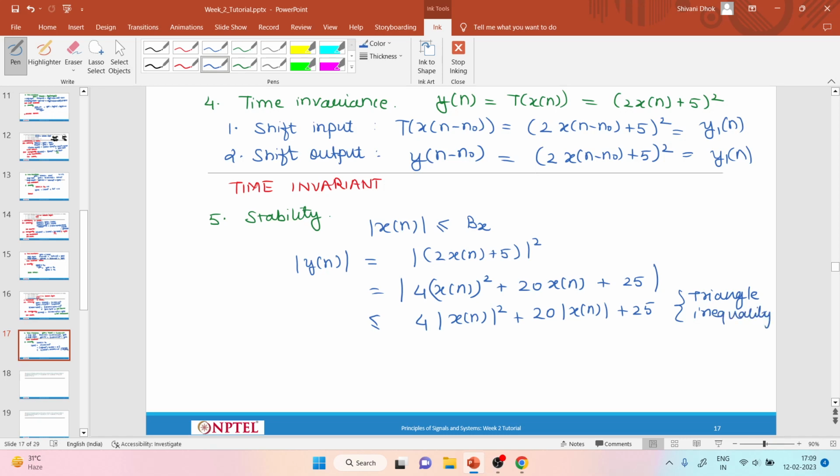And this is again less than or equal to 4 times Bx squared plus 20 times Bx plus 25.